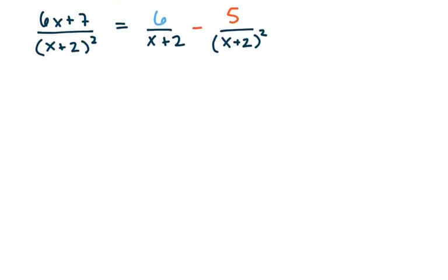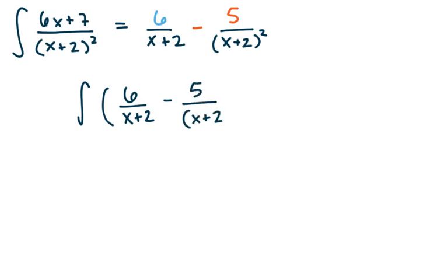So we started with the integral of this more complex rational expression, and now we've made this 2 smaller rational expressions. So we are being asked to integrate 6 over x plus 2 minus 5 over x plus 2 quantity squared dx.